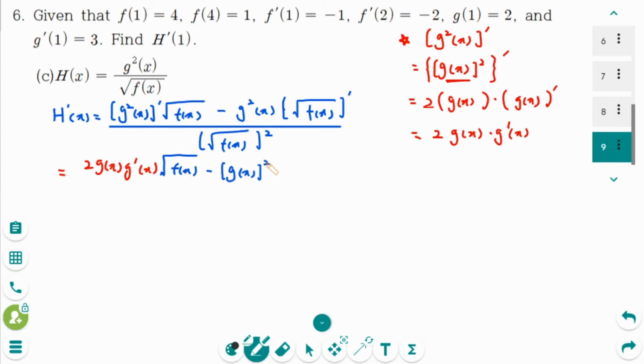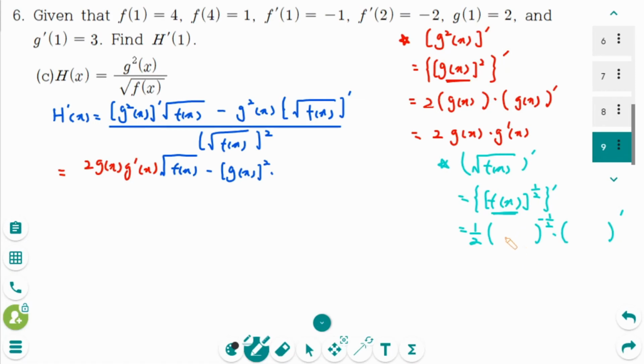minus g of x squared times square root of f of x prime equals, we can rewrite as f of x to the power of 1 over 2 prime. So this one is another u, 1 over 2 u to the power of minus 1 over 2 times u prime.